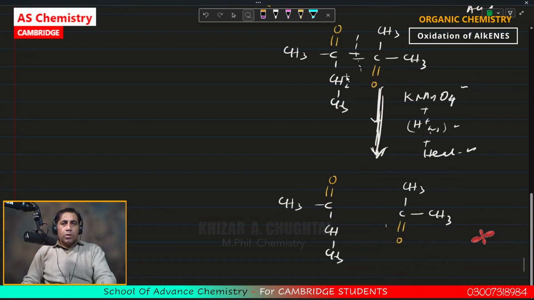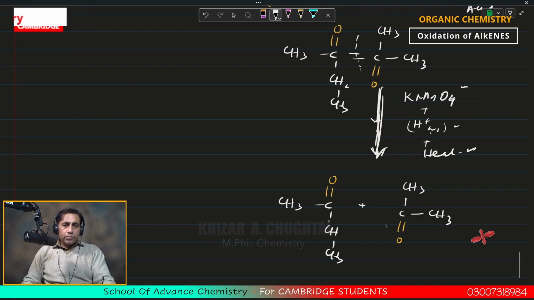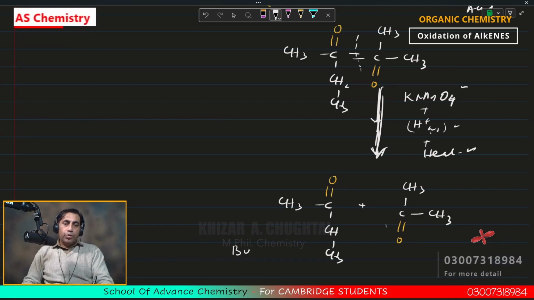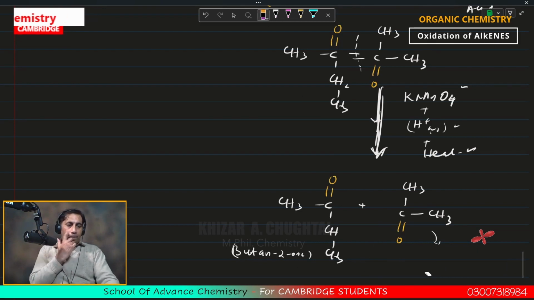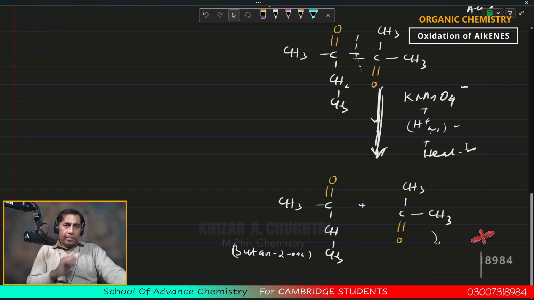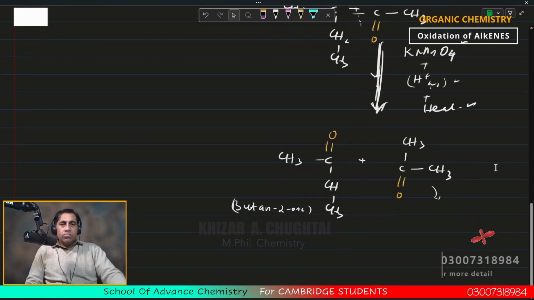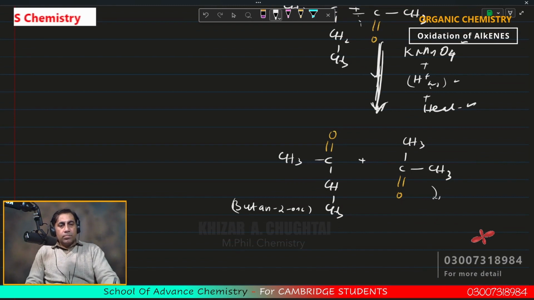Good. Butan-2-one. It's a ketone. What is this one? Good.